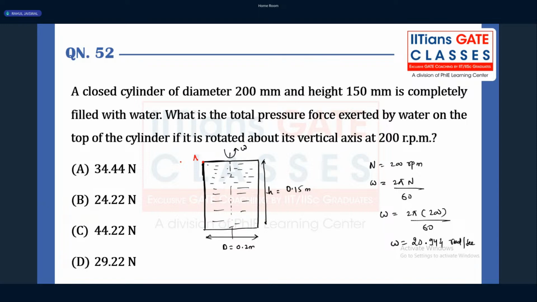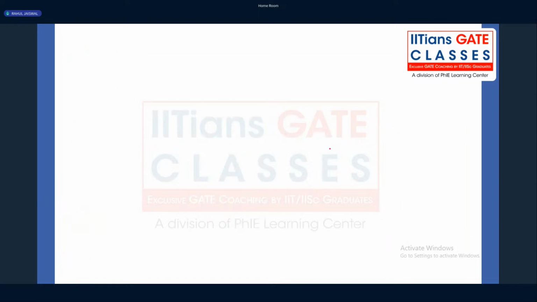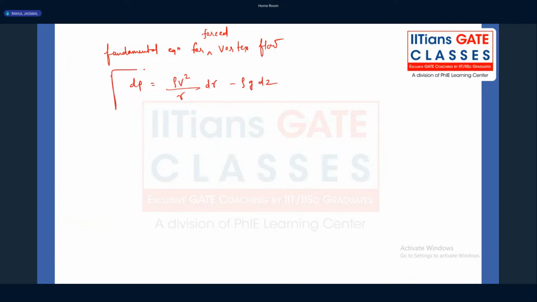So here, the fundamental equation for forced vortex flow: dP is equal to rho v square upon r into dr minus rho into g dz. This is the complete equation we have, my dear friend. No doubt.